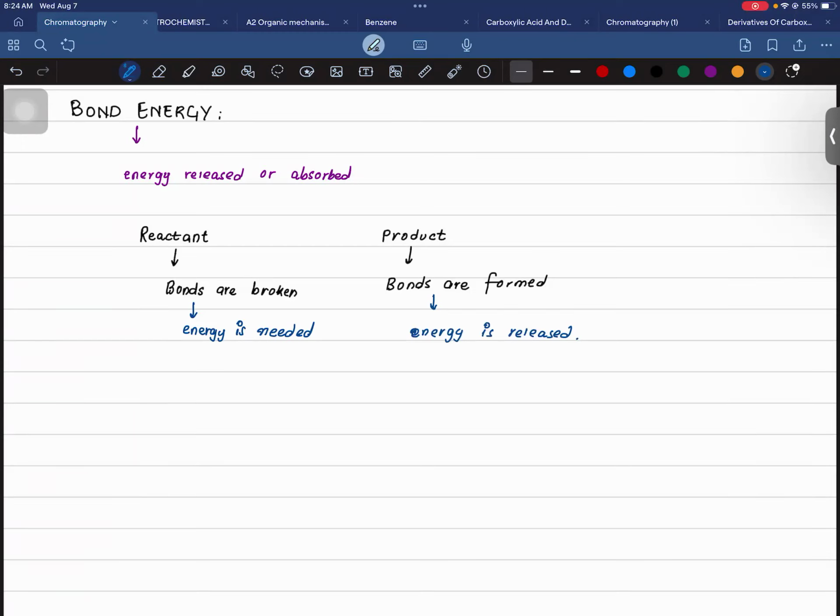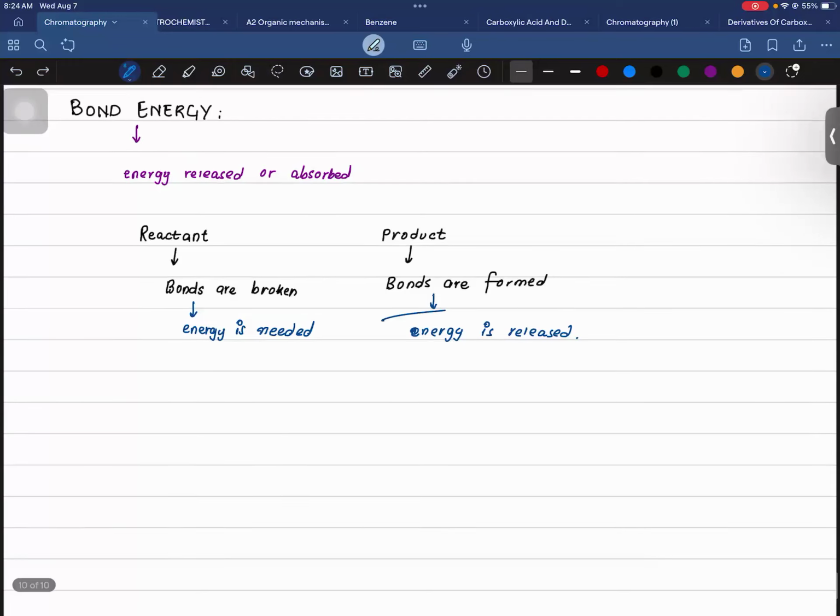Basically, energy is absorbed, like needed, if you are going to break down the bonds, and energy is released when the bonds are formed.